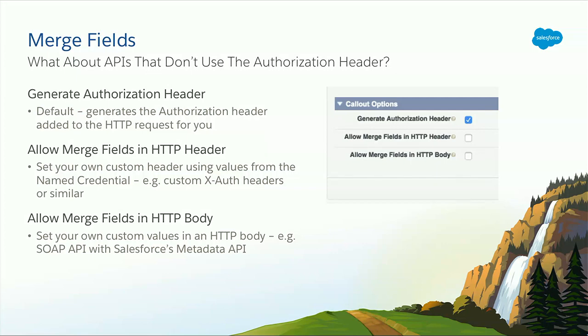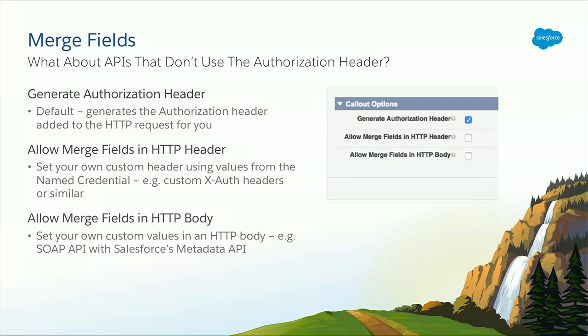The first one is a default one, which says it'll generate that authorization header for me. So whether that's the basic authentication or the OAuth bearer token authentication, that's what that does for me. But then I also have the option of saying to allow merge fields in either the HTTP header or the HTTP body.